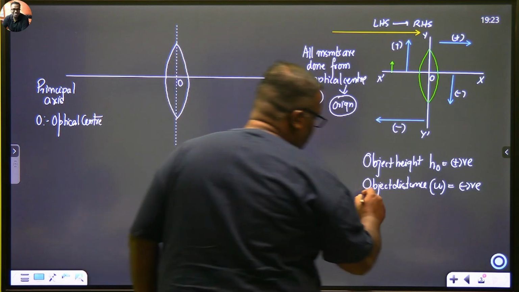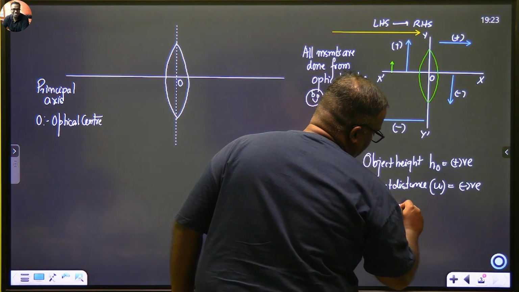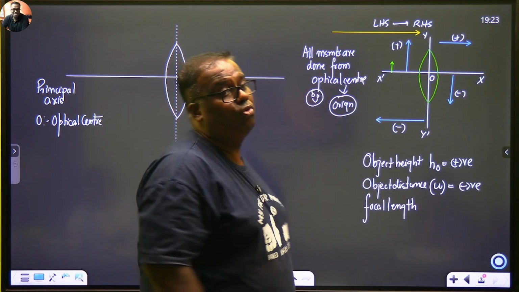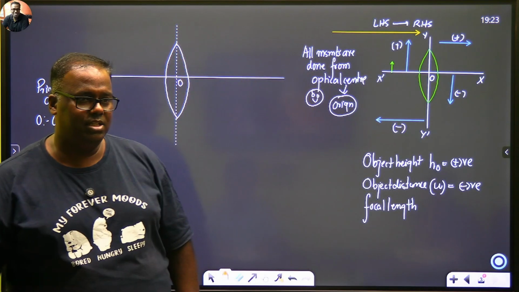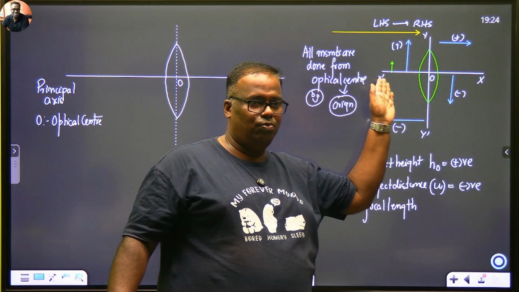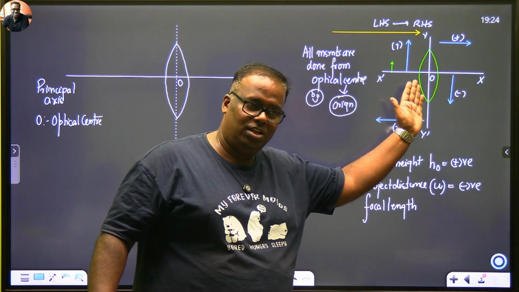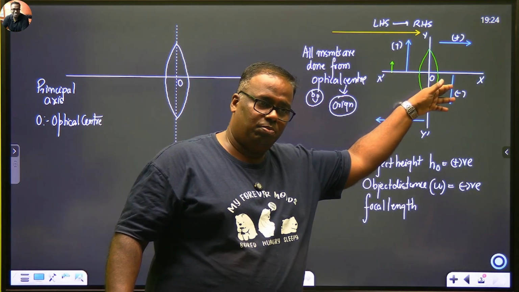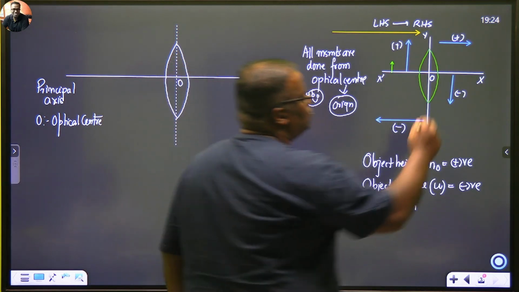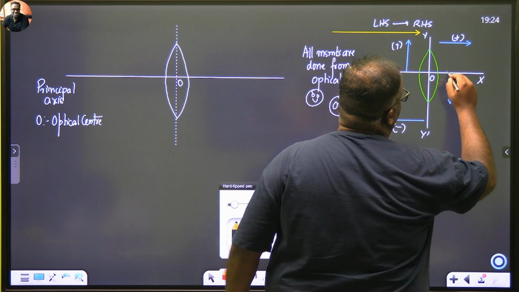Our next thing is the focal length. What is focal length? Distance of the principal focus from the optical center. A lens has two focus, principal focus and secondary focus. But my rays are always taken to travel in this direction. So they will converge on the principal focus, which is this side. Do you agree? So my focus would be somewhere here.